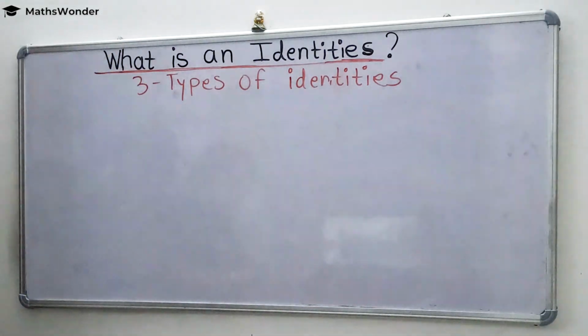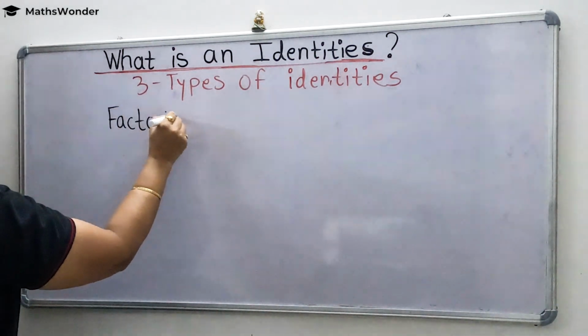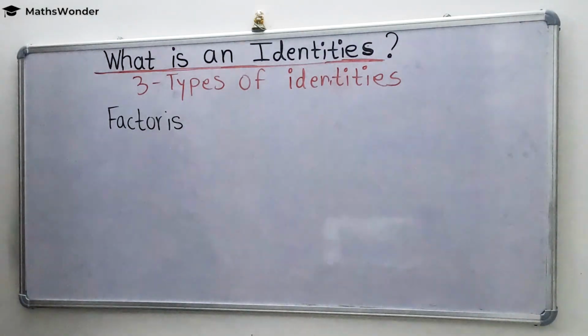These three identities are very useful in factorization and simplification of algebraic expressions. Where are these identities used? Factorization. After this identity topic, I will explain the factorization.